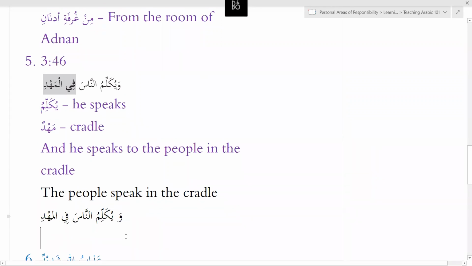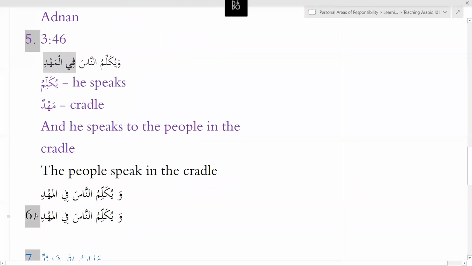You're changing the verb, Zahan. Yatakallamu. Okay, يتكلم الناس في. You have changed the word.